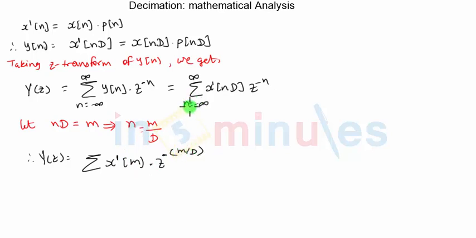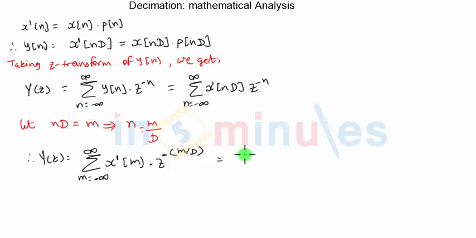And see, the limits were n equal to minus infinity to plus infinity. When n is minus infinity, m will also be minus infinity because you are multiplying by d. And when n is plus infinity, you get infinity into d, again m equal to plus infinity. So the range of m will be exactly the same as the range of n.